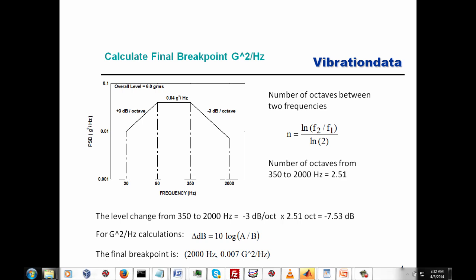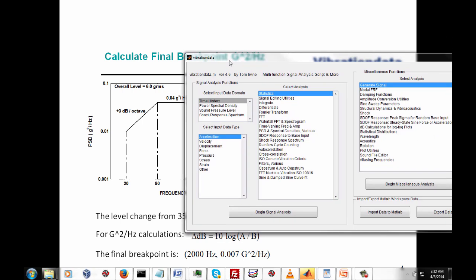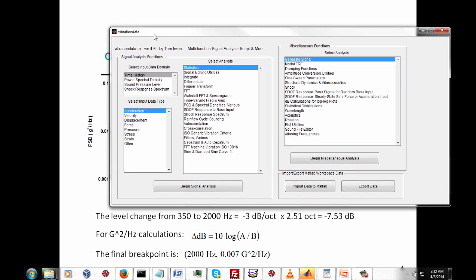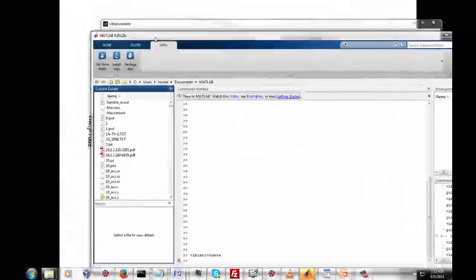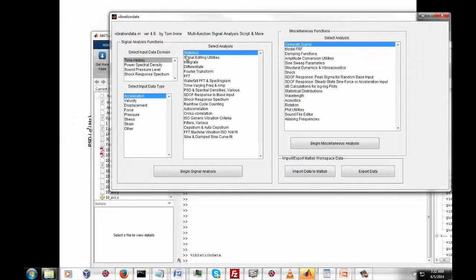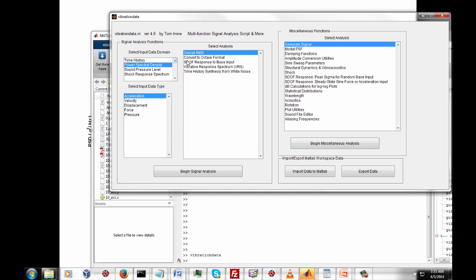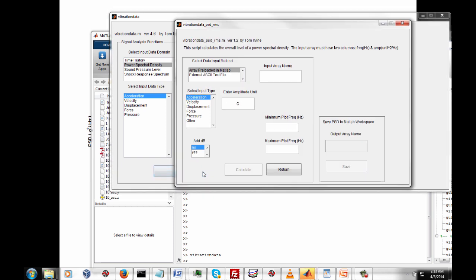Now, if we go to the vibration data signal package, and this is the main package we're running in the series of course units, it's up to version 4.6 now. One of the options we have is Power Spectral Density, and we can calculate an overall RMS value. So I'm going to begin the signal analysis.